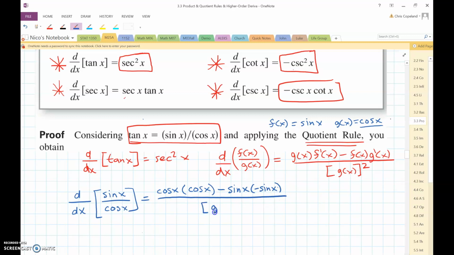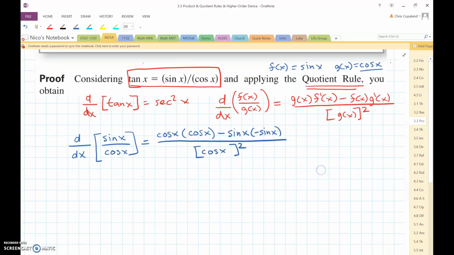And this is going to be g of x squared, which, let's replace g of x with cosine x. Okay, so now we have this. So let's keep going here.